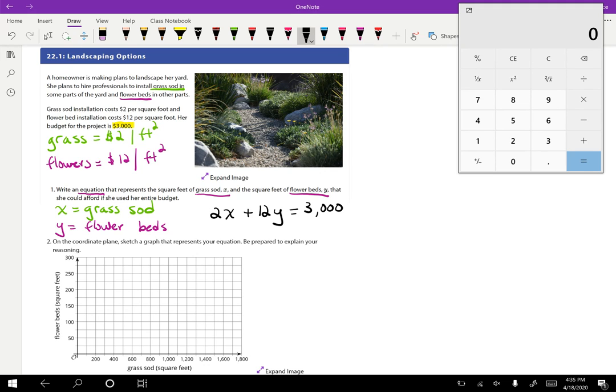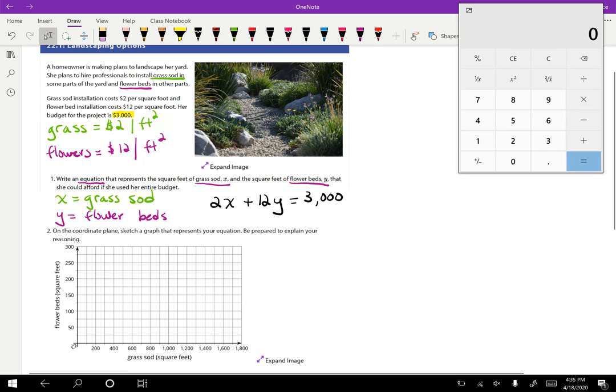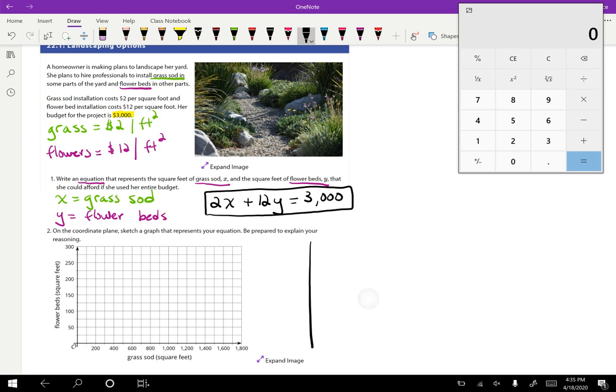Now we're going to go to part 2, and they actually want us to sketch a graph of this equation. This is a little bit tricky because our equation is not in y equals mx plus b form. You could spend some time to move the 2x over and then divide everything by 12, and then you could get it into y equals mx plus b form. But there is kind of a quicker way to reason this out.